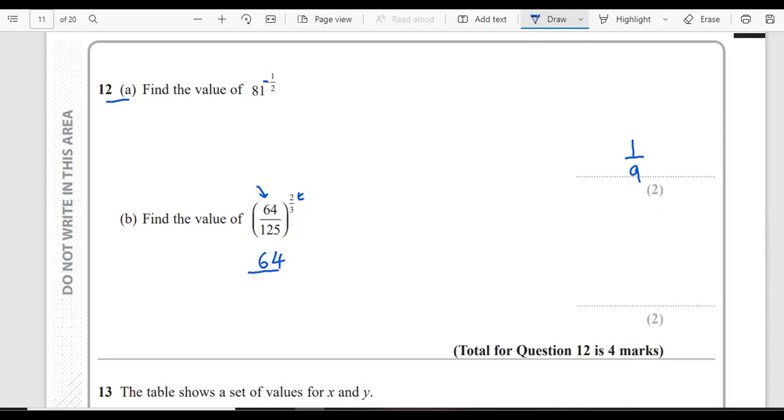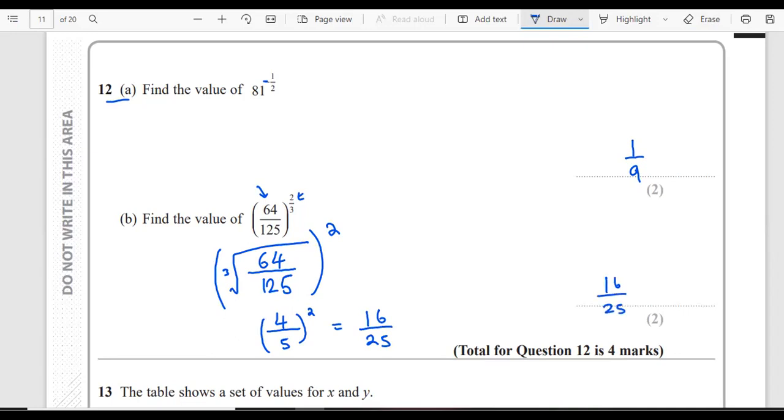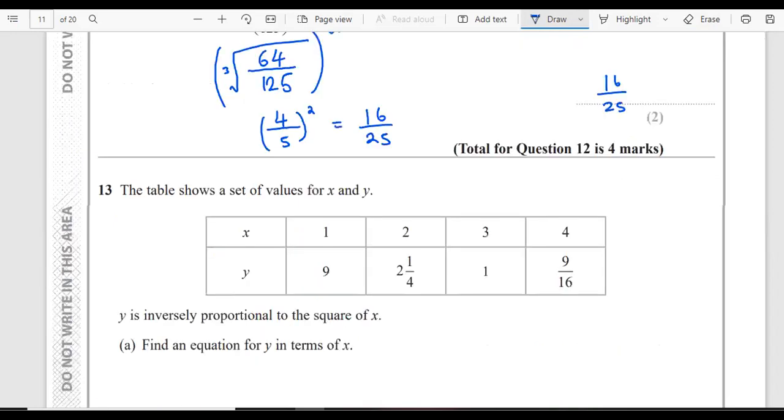So I'll write it this way: cube root of 64 over cube root of 125. What is the cube root of 64? It is 4. 4 over 5. And when we square this, it would be 16 by 25. Okay, are you okay with it? All right. Very good.